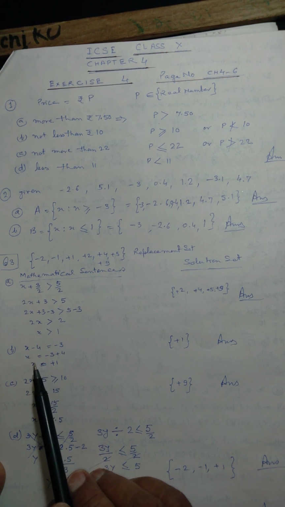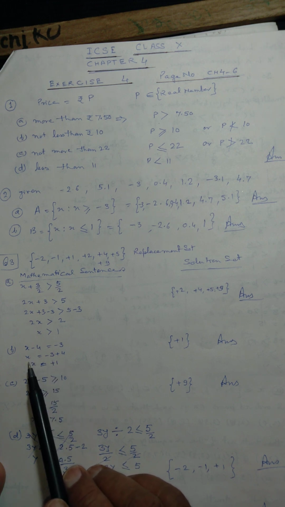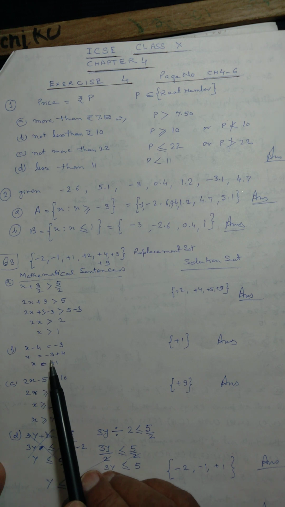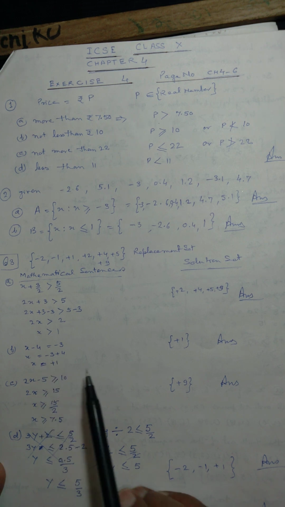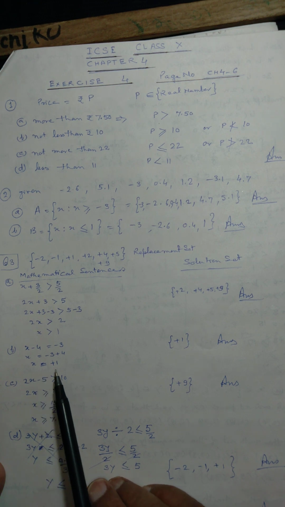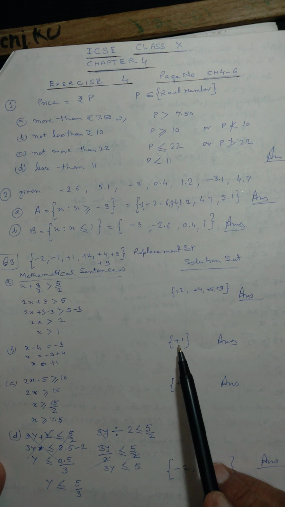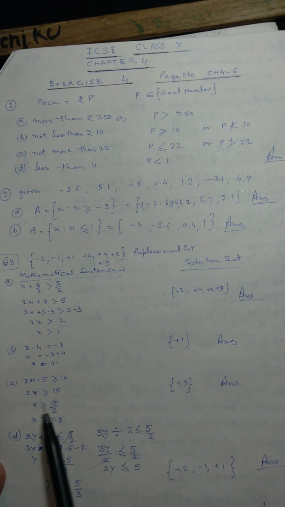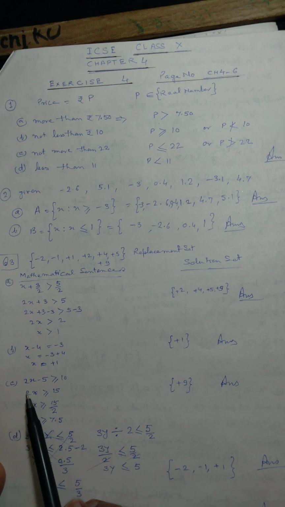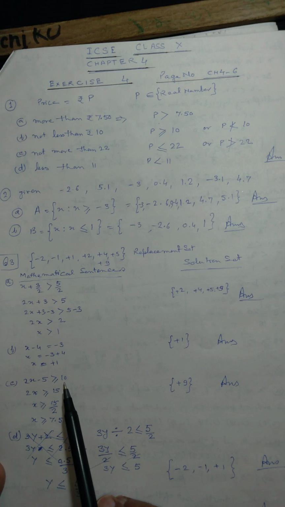So we are getting x equal to minus 3 plus 4. Ultimately we are getting x is equal to plus 1. So the answer will be plus 1 only. Now C part, 2x minus 5 is greater than or equal to 10.